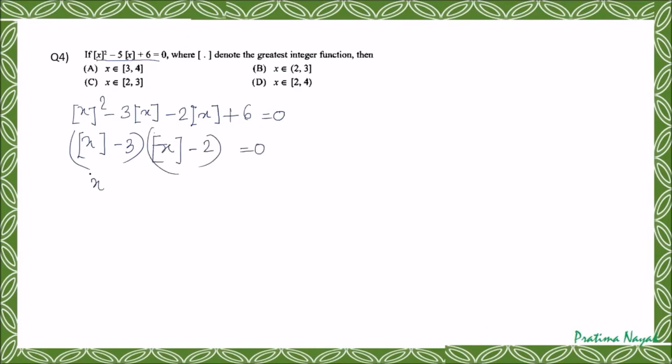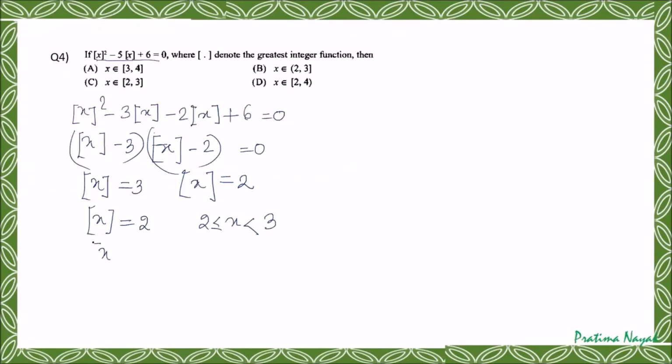So [x] is equal to either 3 or 2. That means we'll find the common part of these. When the greatest integer function is 2, that means x is from 2 up to 3.